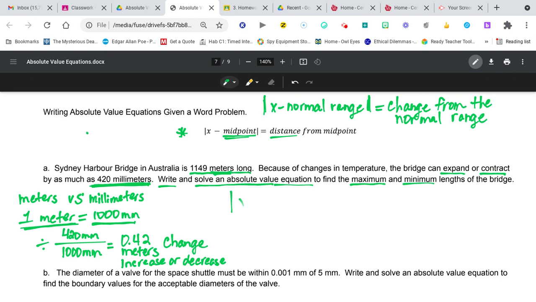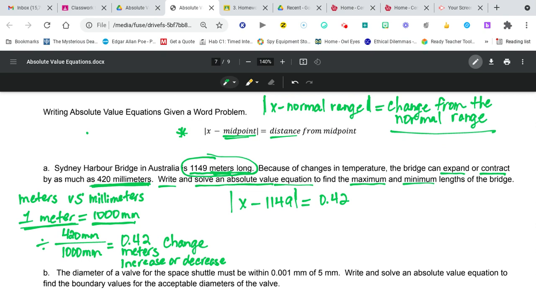So I'm going to write the absolute value of x minus my normal range. Well, what is the normal length of the bridge? Well, the bridge is normally 1,149 meters, equals the change from the normal range. Well, it can change by 0.42 meters, and it can go either way. It can either go up or down.